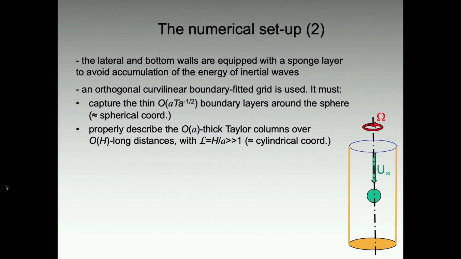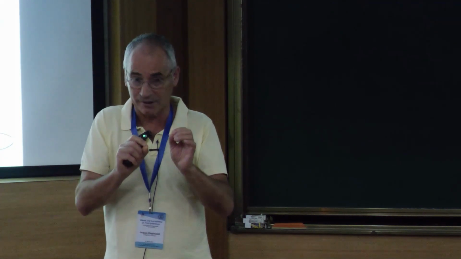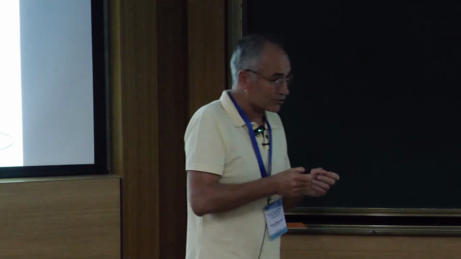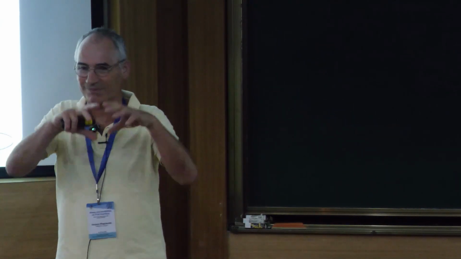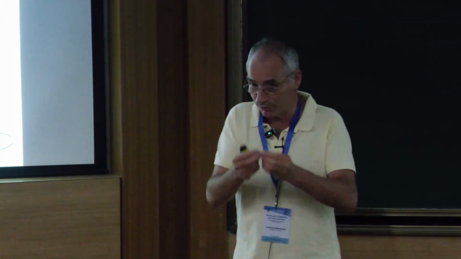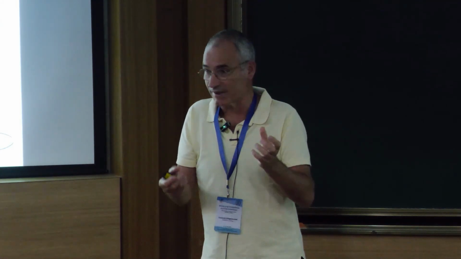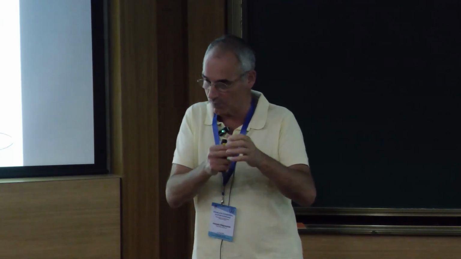The second issue is that you want two things at the same time. You want to describe properly the boundary layer around the sphere, which may be very thin if the Taylor number is large, which means that you would like to have something which resembles spherical coordinates around the sphere, but you also want to follow the Taylor column very far from the sphere, which means that you would like to have something like cylindrical coordinates apart from the sphere.